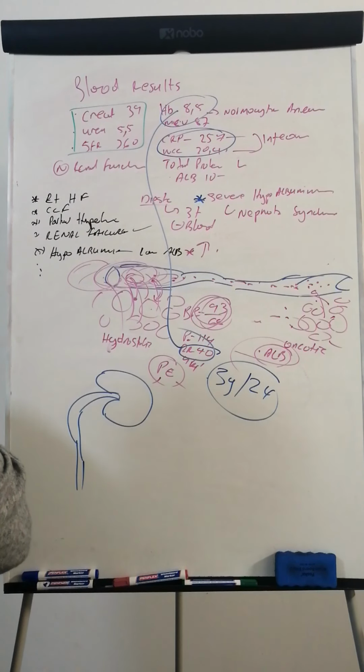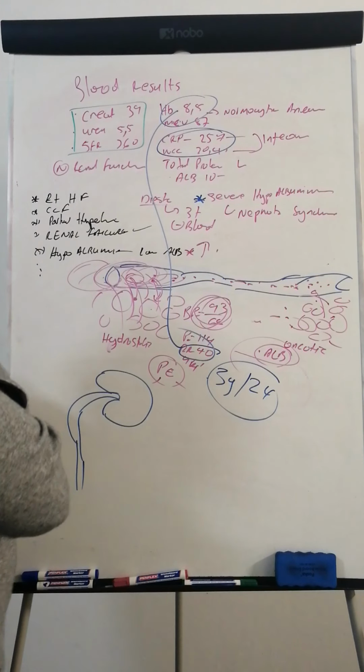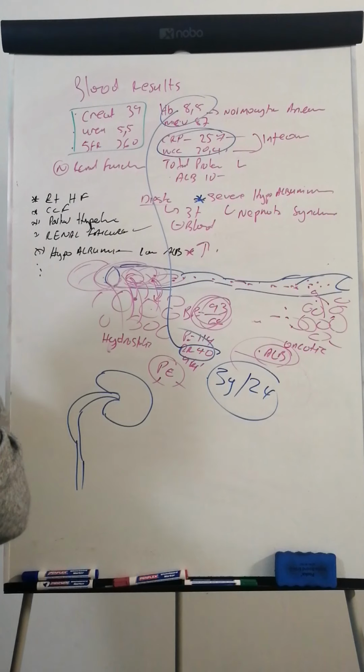And one other thing that I hope I didn't miss, but I'm just thinking about it now. Remember, in casualty, it's hard to do everything. When you're in the ward and seeing patients, you can start doing things that were not done. As much as my patient didn't have any stigmata of liver disease, with that low albumin, an INR should also be done to see if she might be going into some kind of liver failure.